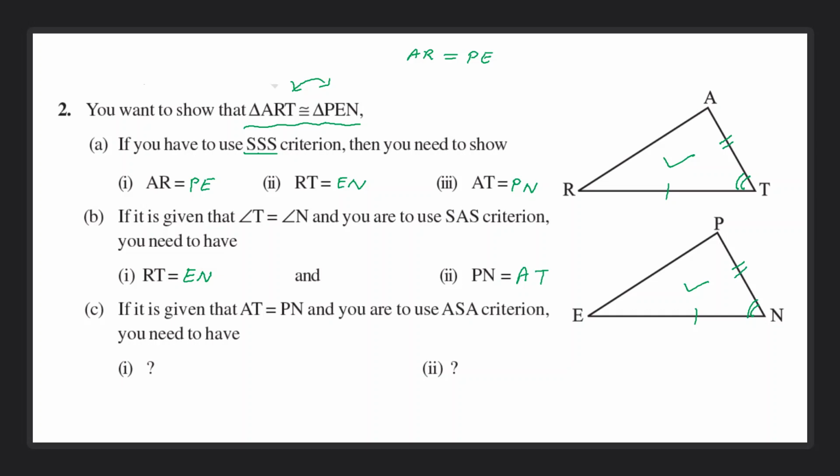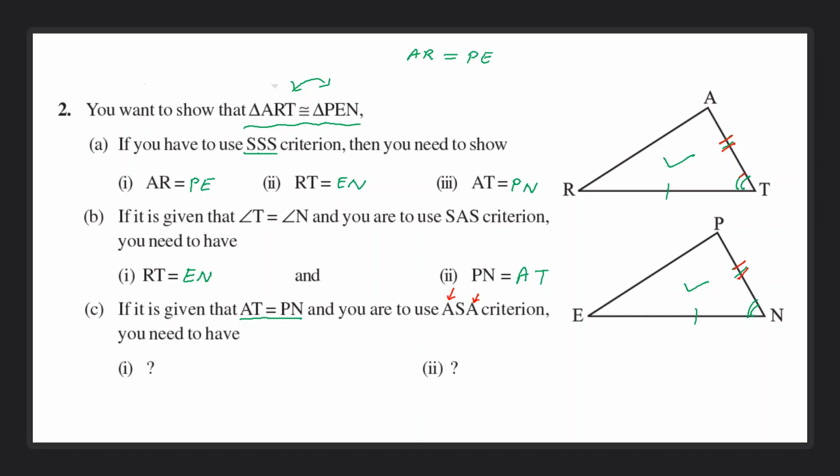Now the question is saying, if we want to use ASA and it is given that AT is equal to PN. So we are provided with the case that AT and PN are already equal and we need to use ASA. So this is the side given. For ASA, this side has to be common for the two angles which we take into consideration.